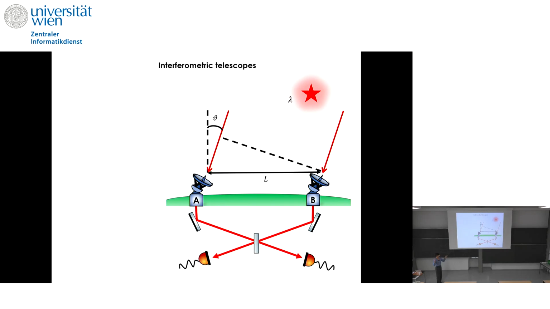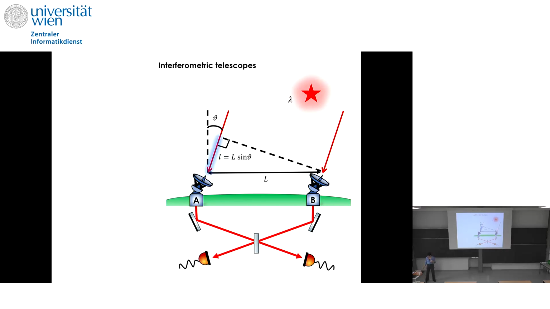Then you collect this light, and you have to let the light interfere. So basically, you have to recombine the light through some mirrors, beam splitters, and then perform your measurement. The light will reach the two telescopes with a certain angle theta. And we see that at one side of these telescopes, there will be an extra length that the light has to go.